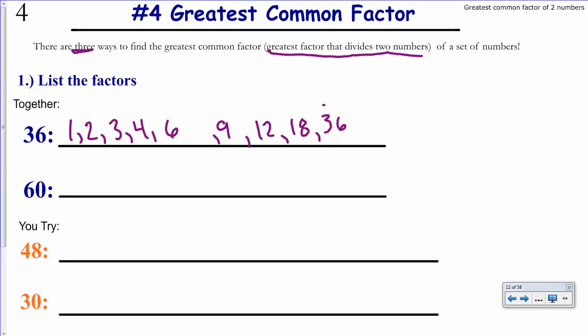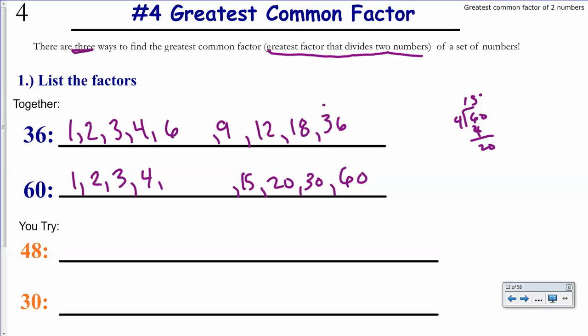Now let's make a list of the factors of 60. 1 times 60. 2 times 30. 3 times 20. How about 4? Does 4 work for 60? I think it does. 60 is 4 and 15.